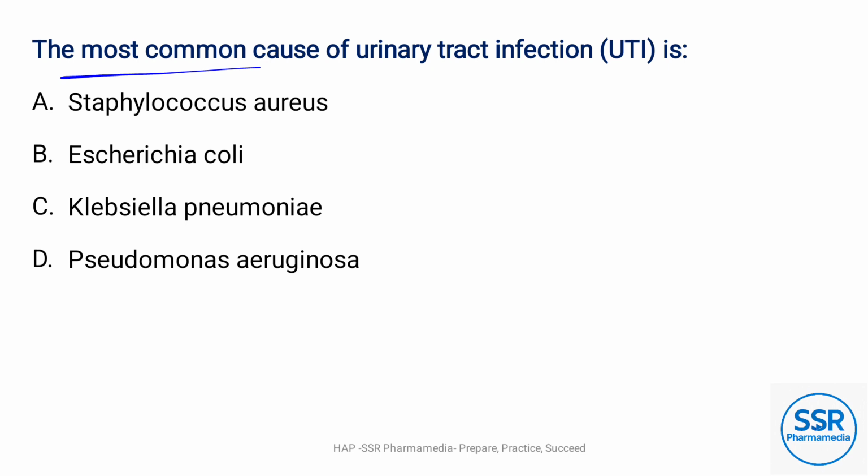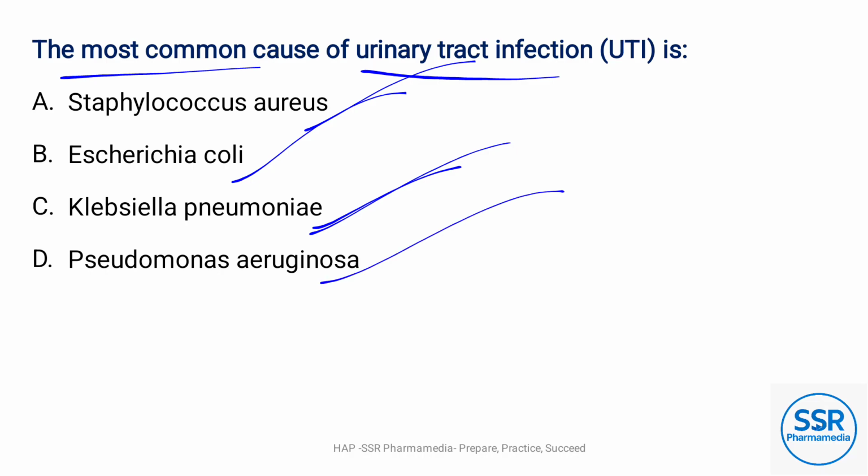The most common cause of urinary tract infection, UTI, is option A, Staphylococcus aureus; option B, Escherichia coli; option C, Klebsiella pneumoniae; option D, Pseudomonas aeruginosa.